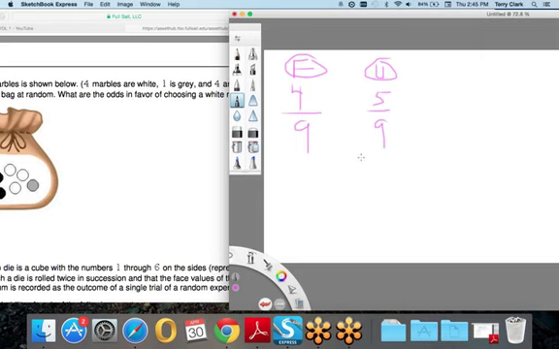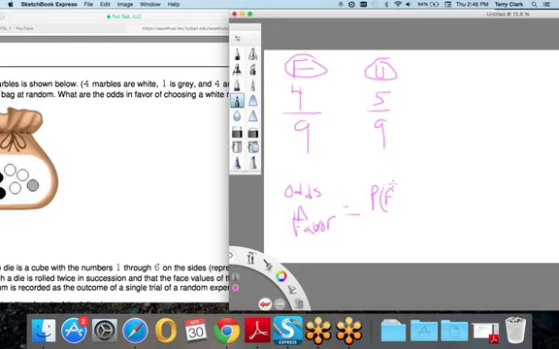From here, we said that our odds in favor is going to be the probability of favorable over the probability of unfavorable.